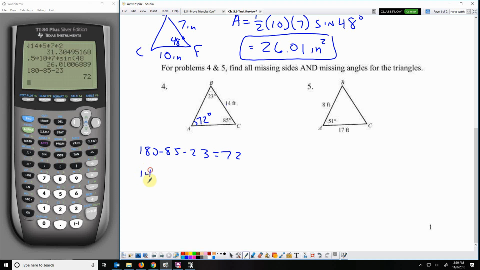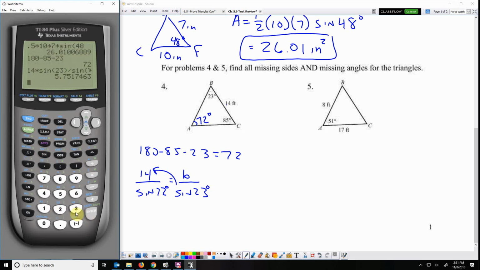So we get 14 over sine 72, and we'll do side B over sine 23. So I need to multiply this sine 23 across. So I get 14 times sine 23 divided by sine 72. 5.75.